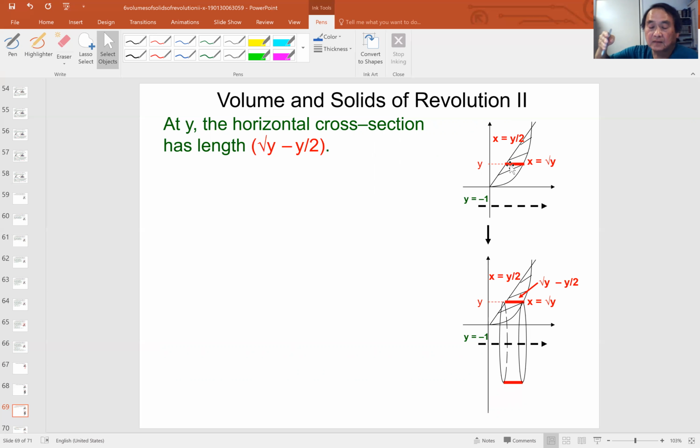Given y, the right-hand side is x equals the root of y, and the left-hand side is y minus 2. So you subtract right minus left. Now, what's the rotational radius? The top minus the bottom. What's the top? The top is y. Where's the bottom one? Minus 1. So y minus 1. The distance is y plus 1, right? Here's y, and there's one more, so y plus 1.